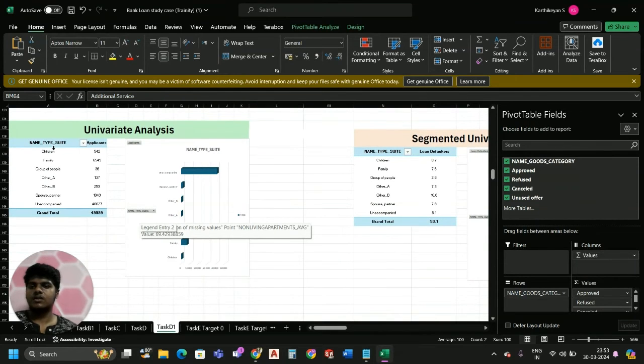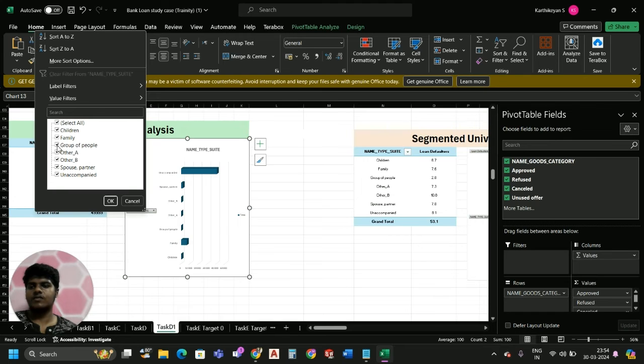When it comes to the type suite, that means while applying for the loan, did the client come along with the children or with the family, or did he come alone. Here the client who came alone has the highest number of applicants.